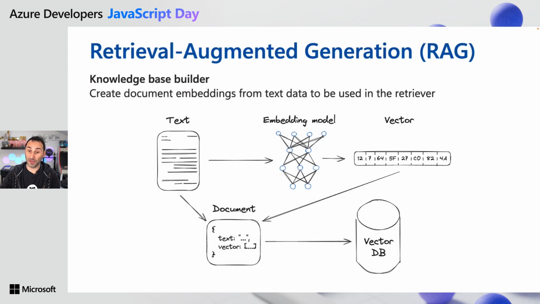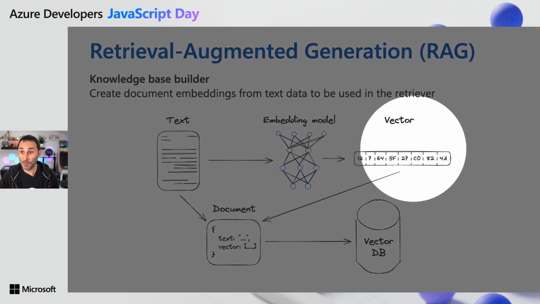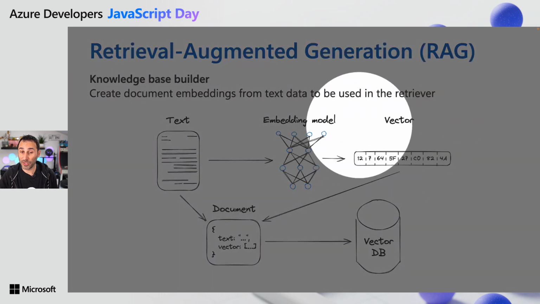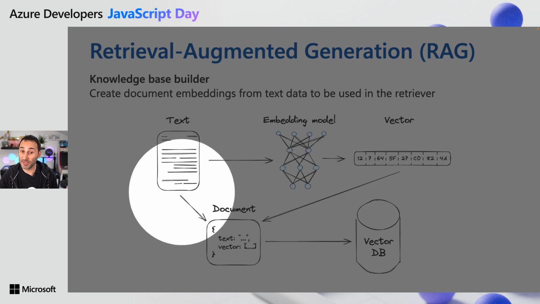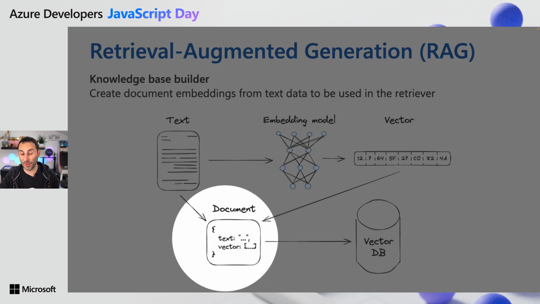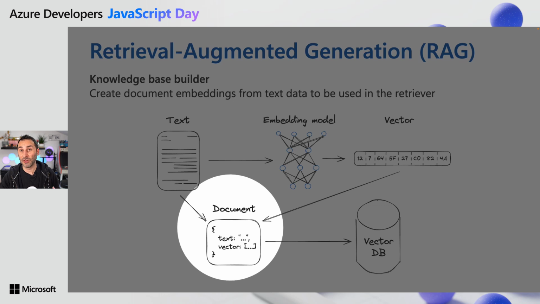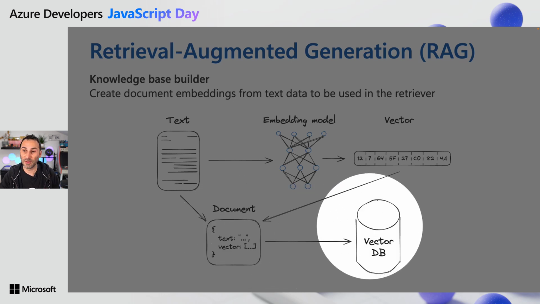An embedding is basically a vector representation of a piece of data that captures the underlying structure and the relationship between the different pieces of data. Said otherwise, it captures what's meaningful about that particular content in the piece of text that you provided. Once you have your vector, you also take the initial text and mix them together to create a document. This is what you will put in a dedicated database that we call a vector database.